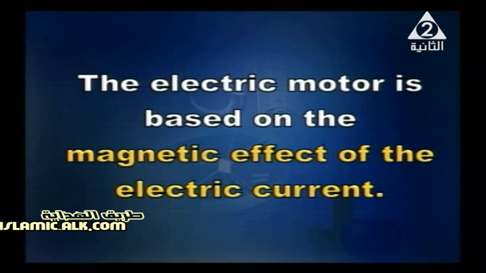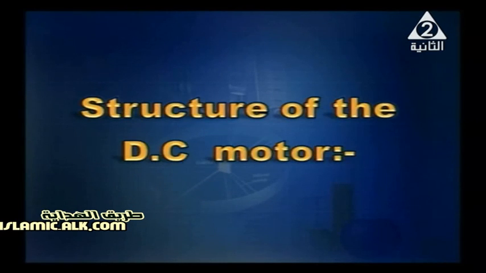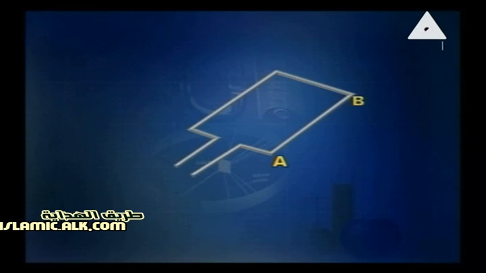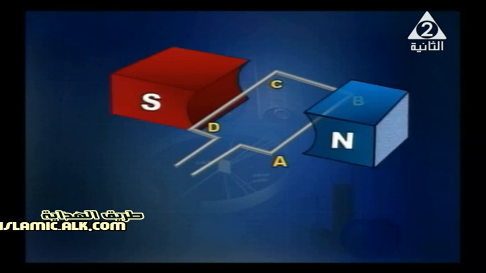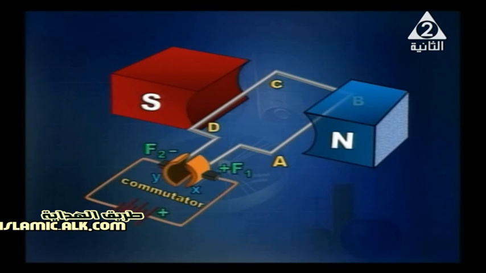And now, what about the structure of the DC motor? In front of you, you'll be able to watch the structure of the motor in its simplest form. So we've got a coil that rotates between the two poles of a magnet, and we've got two brushes, a commutator, and a battery.